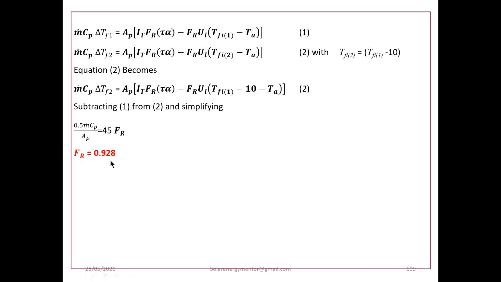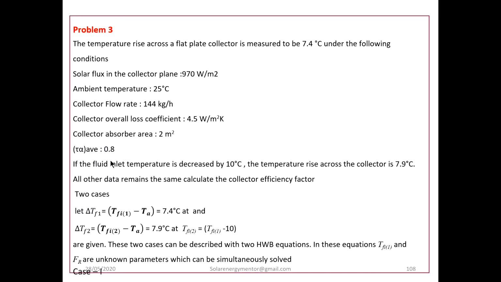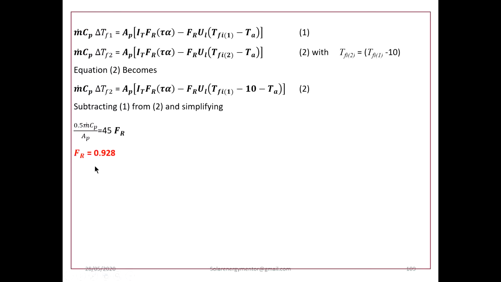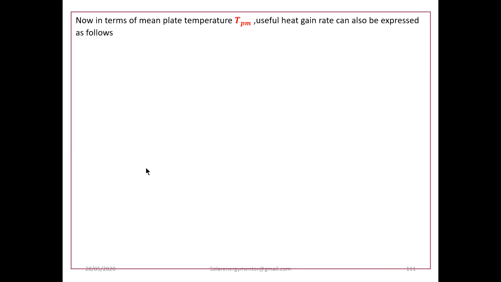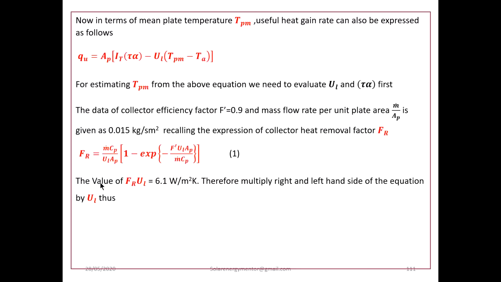Now the problem asks to calculate the collector efficiency factor. We have calculated here the collector heat removal factor. If we recall the value of FR, which is equal to m dot Cp by AP UL times a function of F dash, the value of m dot is given in this problem as 144, Cp is known, UL is known as 4.5, AP is known.